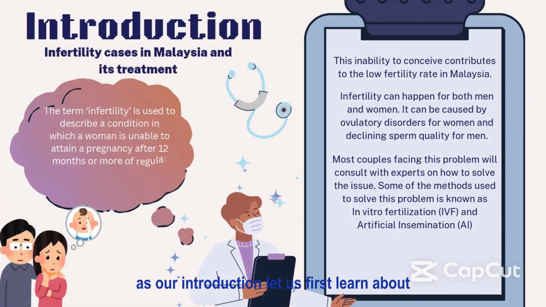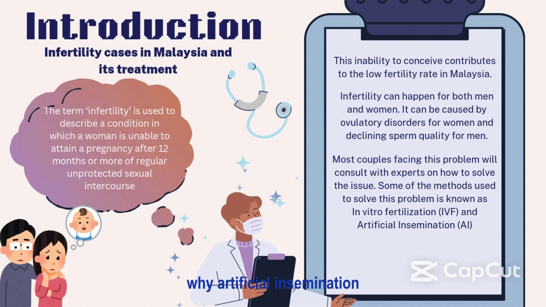As our introduction, let us first learn about why artificial insemination is developed in the first place. This treatment is primarily used in the treatment of infertility.